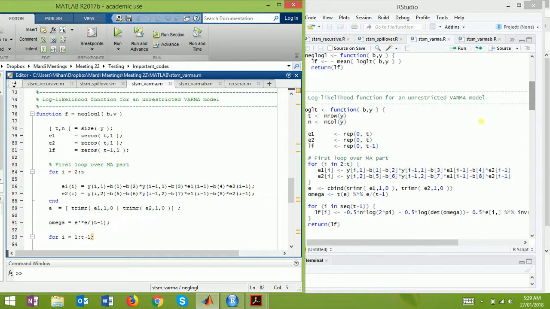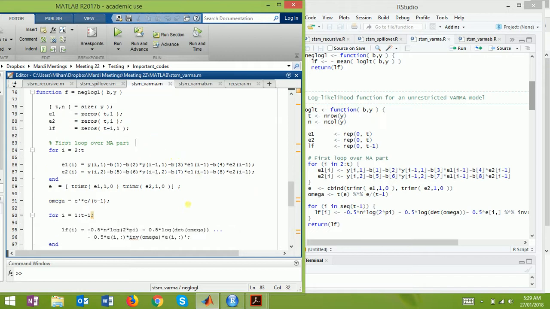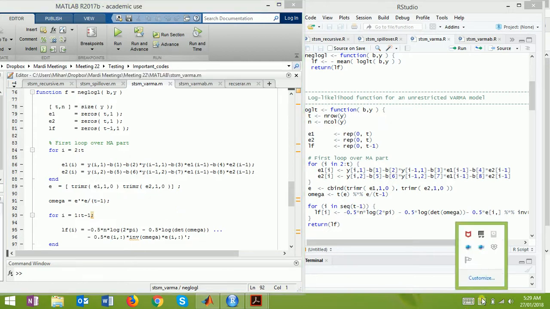So the first loop over the moving average part starts from 2.